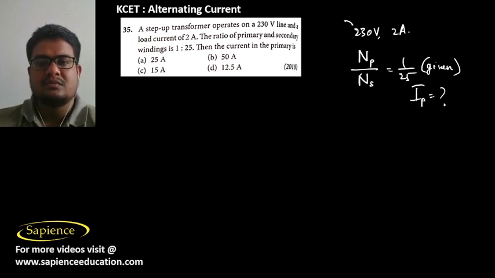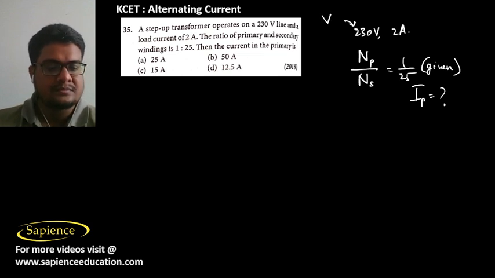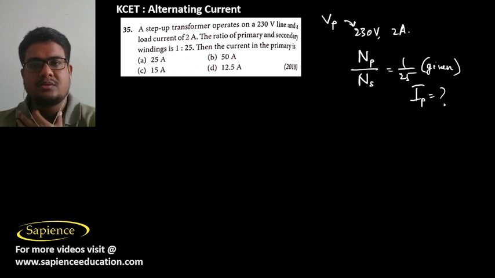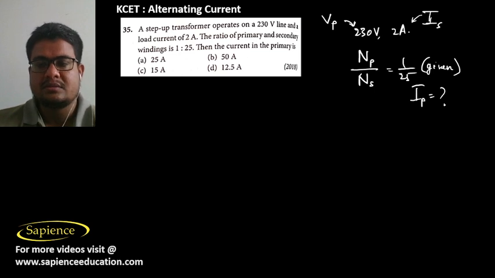Now 230 volt is the voltage across the primary coil, and this is the load current. Load current means it is the current in the secondary coil.